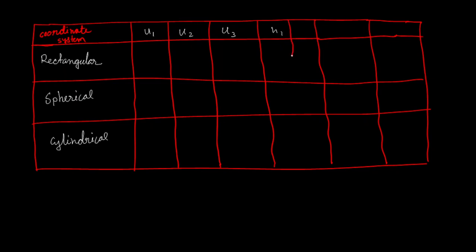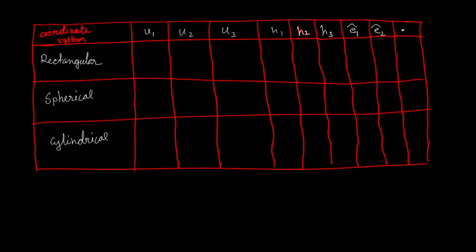Let me just divide it. h1, h2, h3, and then e1 cap, e2 cap, and e3 cap. Okay. So what are these u1, u2, u3?